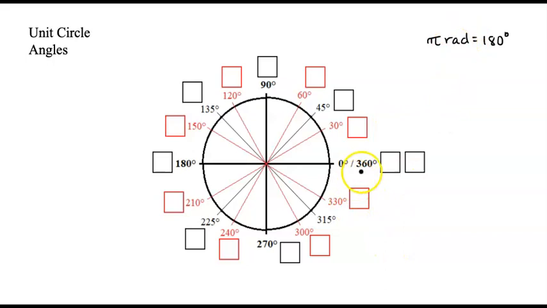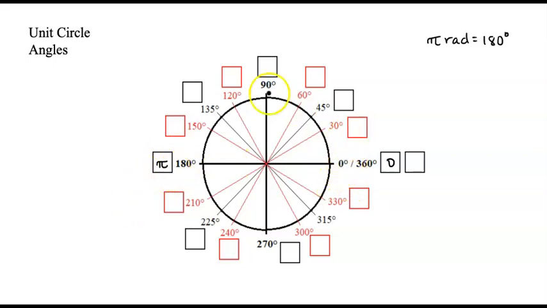Now we know that if we have 0 degrees, that's the same as 0 radians. And now what about 360 degrees? Well, pi radians is 180 degrees, so we see that over here. We know 180 degrees is pi radians. And like we said before, with radians, we don't need a unit. This is just going to be in terms of pi in our unit circle.